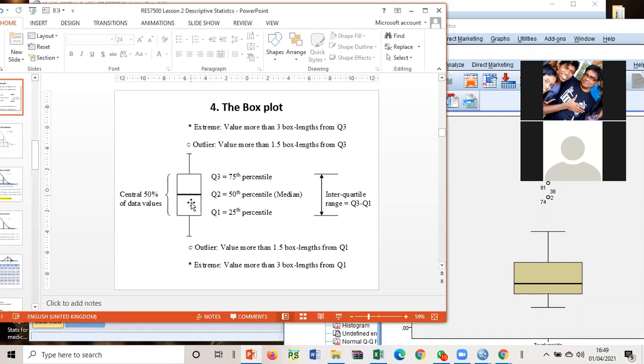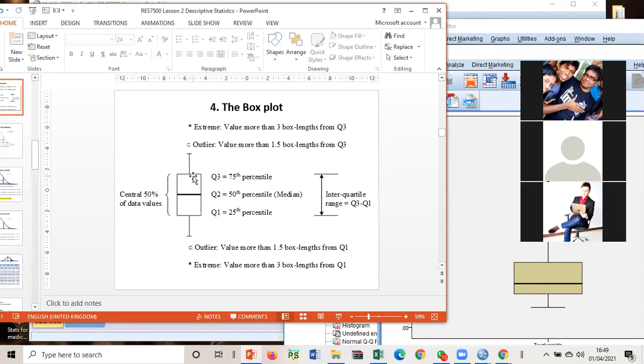Supposing this distance from here to here is 5. How far away is a point considered an outlier? The definition: more than 1.5 box lengths from Q3.